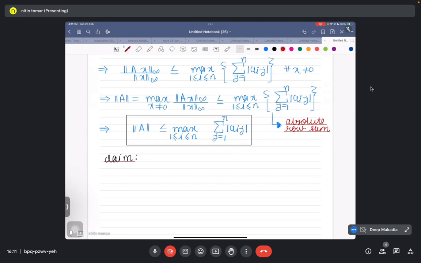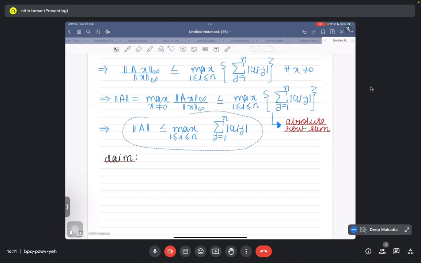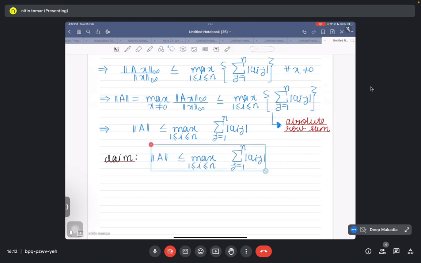The claim is that they are equal. Less than or equal to, I have already proved.